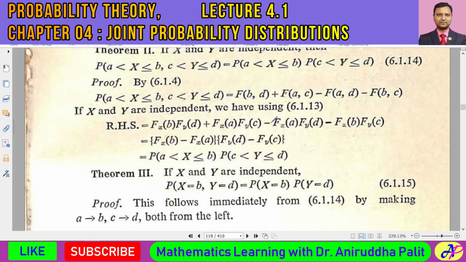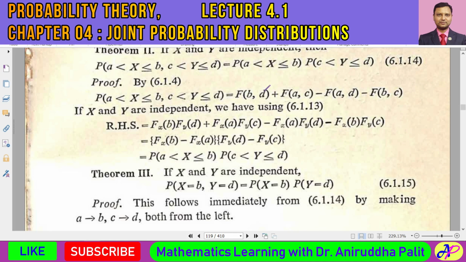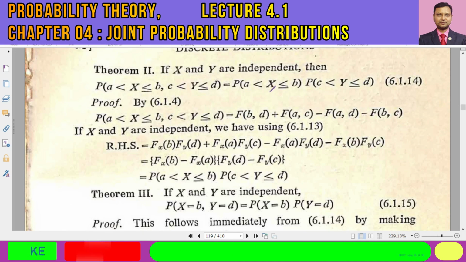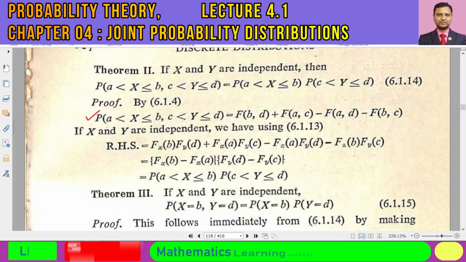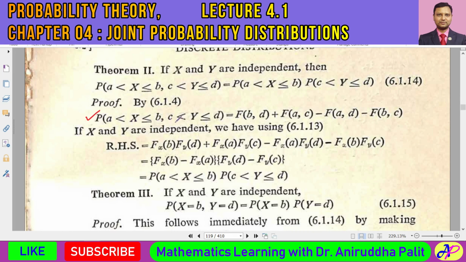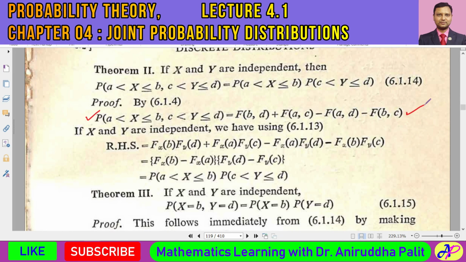And if you have this type of property, in the case of independent random variables, you have this type of result: F of a less than x less than or equal to b, c less than y less than or equal to d, which can be written by the expression I told you earlier.